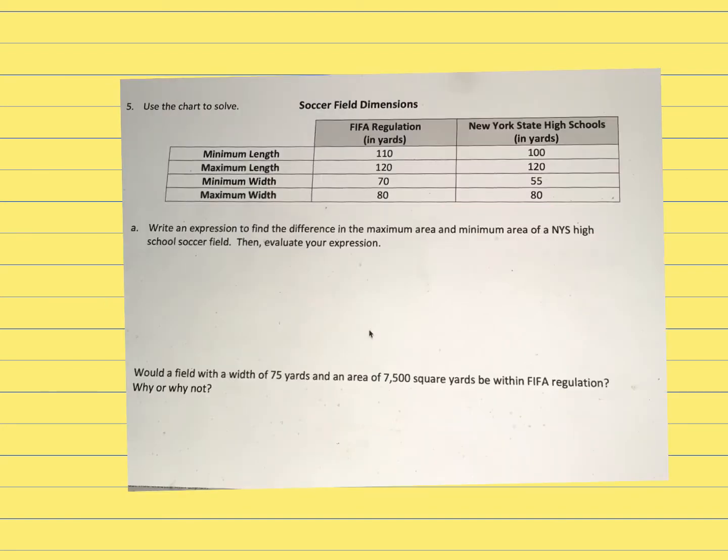Okay, so we are going to use this chart to solve. And remember that since we're doing area, area is equal to the length times the width. It says write an expression and find the difference. So we're going to subtract the minimum area from the maximum area of the New York state high school yards. First, let's find the maximum. The maximum length is 120 times the maximum width of 180.